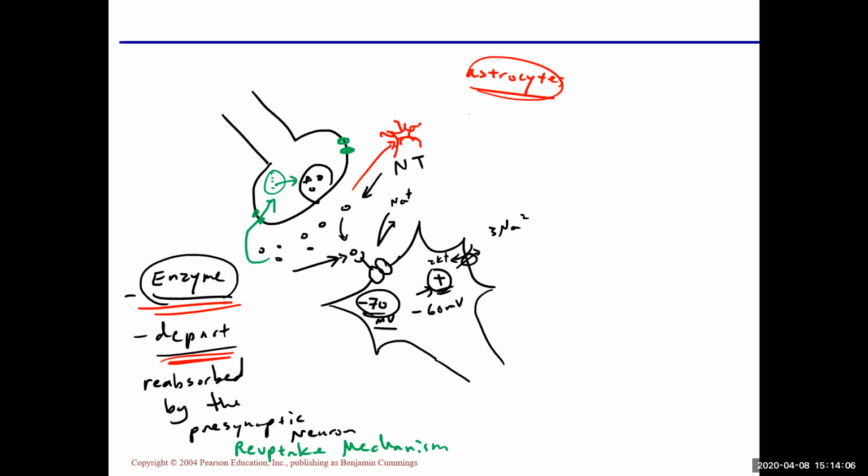But you have to be careful with that because it really depends. Acetylcholine was excitatory in the neuromuscular junction. ACh in the neuromuscular junction was excitatory. So that was a good example of an excitatory postsynaptic potential.